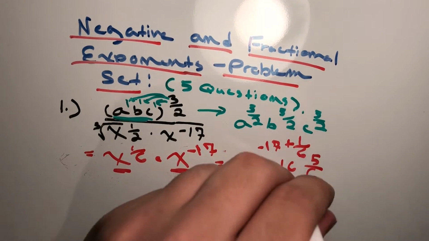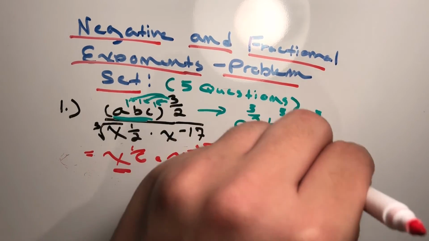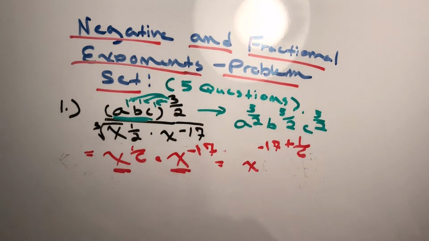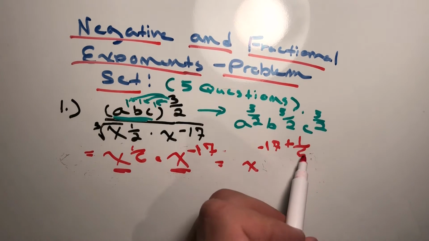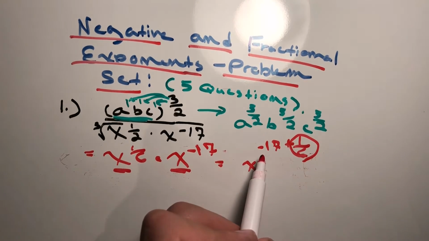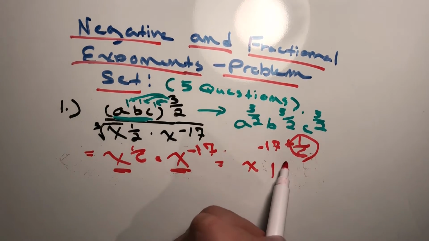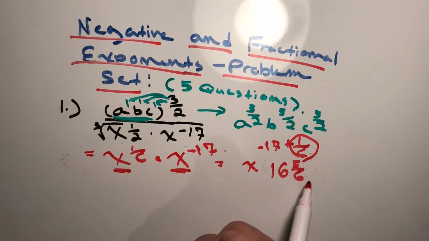Which we can rewrite. We have to consolidate this into an improper fraction for the operations. So the way to do that is we're adding 1/6 to a negative 17, right? So this is going to give us a power of negative 16 and 5/6. That's a mixed number. That's all I was saying.